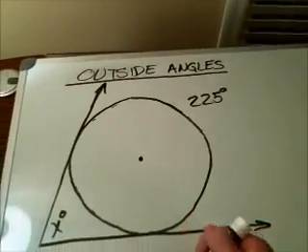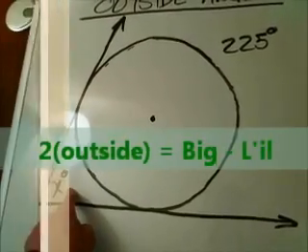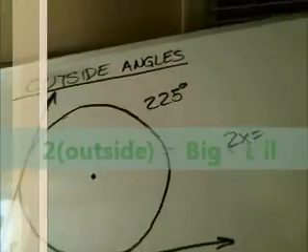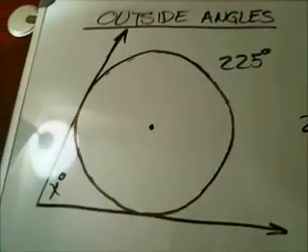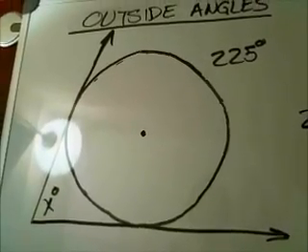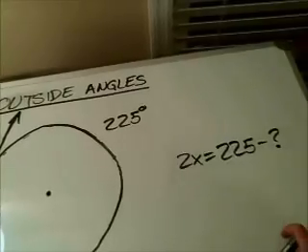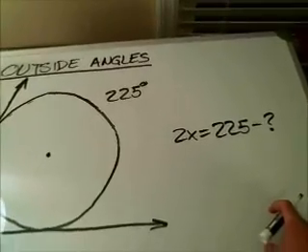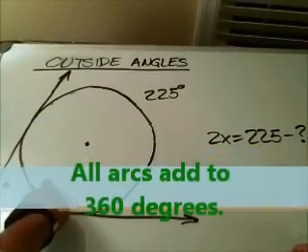I know that if I take 2 of these angles, that's supposed to be the same thing as the difference between these 2 arcs. 225 minus something. So the question is, how do I figure out this smaller arc?